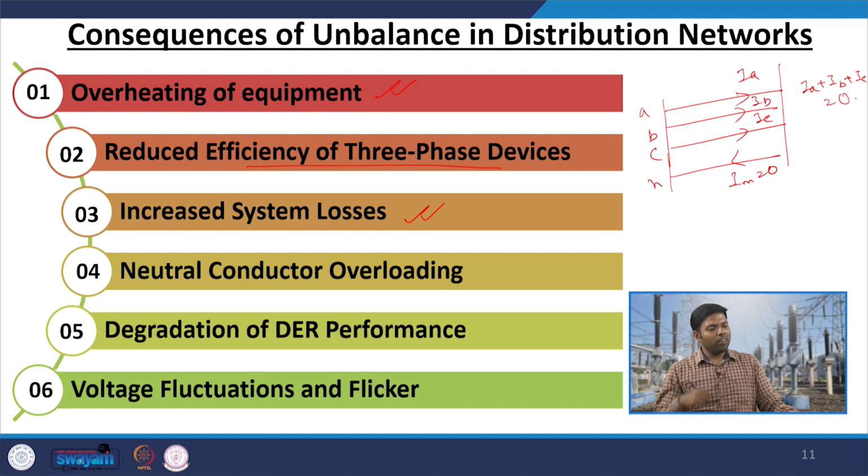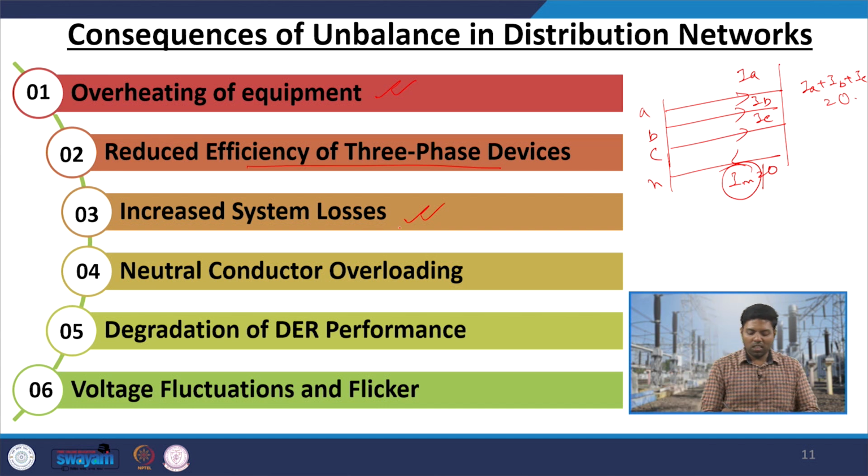But now, if you have an unbalancing effect, then this is not equal to 0. Then you have a current flowing through the neutral conductor as well. So, you have current flowing through a wire, then your neutral conductor will also cause some network loss. So, your system loss will increase.